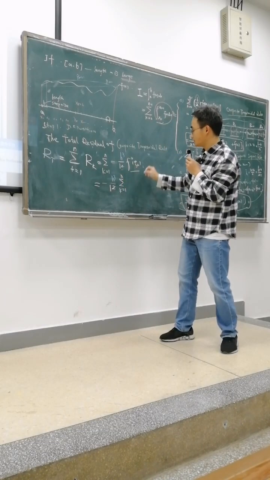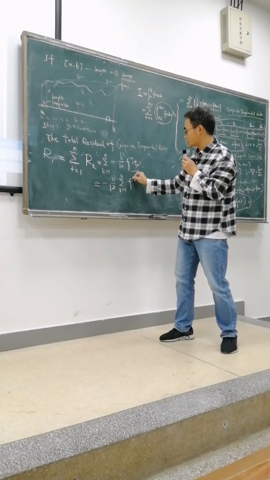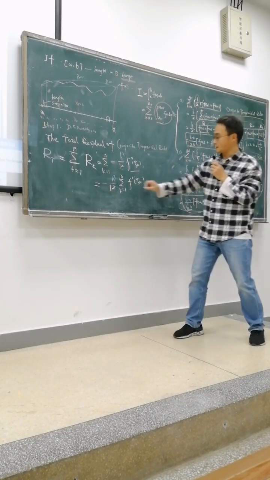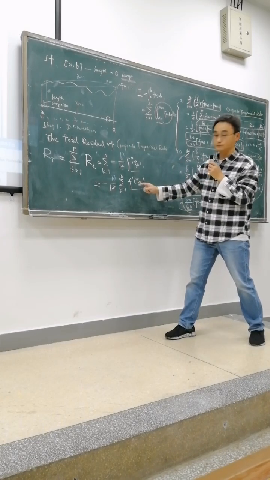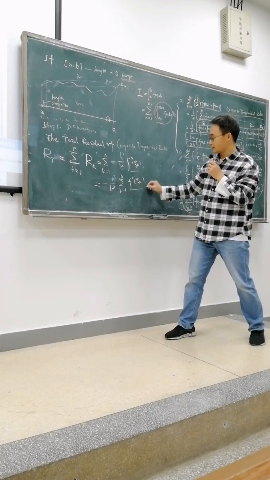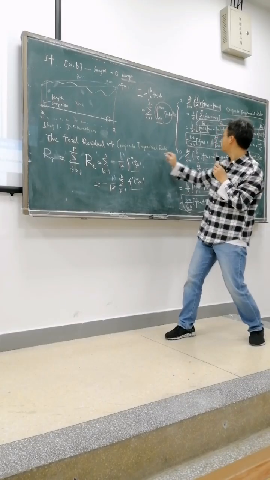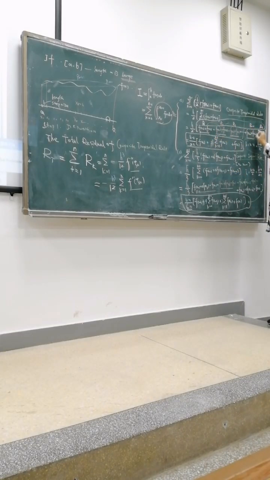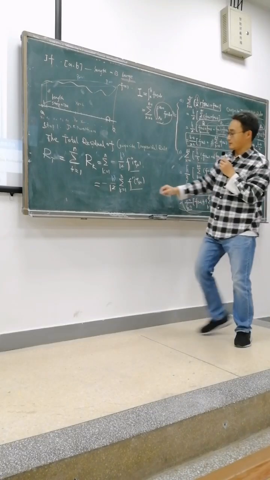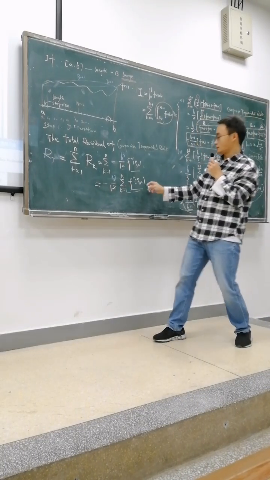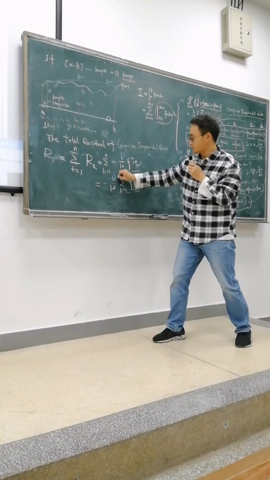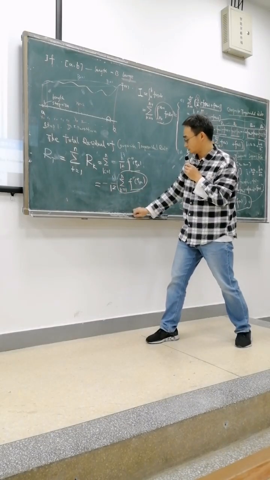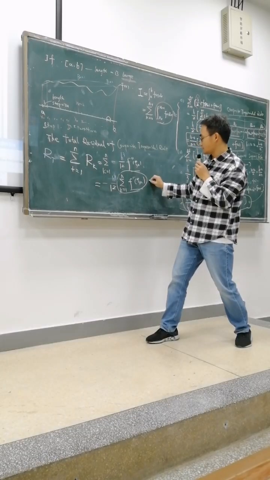In here, this is f'' of ck, right? If we take the mean value, because we have f''(c1), f''(c2), f''(c3), up to f''(cn), so we have many of these terms. If we take the summation, we put a 2 here and an h here.